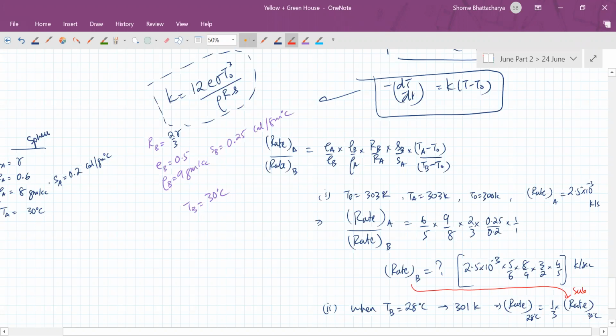Now your surrounding atmospheric temperature is not going to change; it's going to remain 300 Kelvin, whereas the surface temperature has changed from 303 Kelvin to 301. So by how much did the temperature difference change? It became 1/3. Earlier it was 3 Kelvin, now it is 1 Kelvin. So the temperature difference delta T has become 1/3 of what it was, so the rate will also become 1/3. All other parameters are the same. Okay, sir.